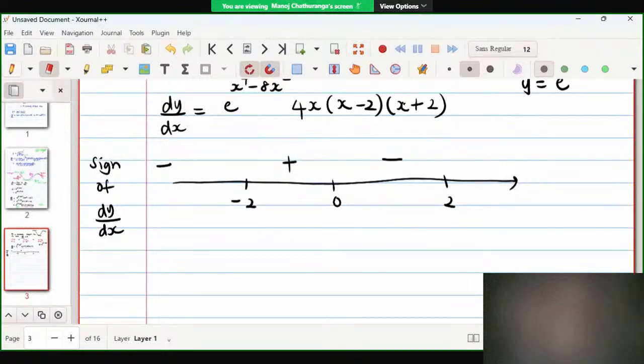Finally, let's take a very large positive number, say x equals 100. All four terms are positive, and the product of four positive numbers is positive. So this is how the sign of the derivative changes.